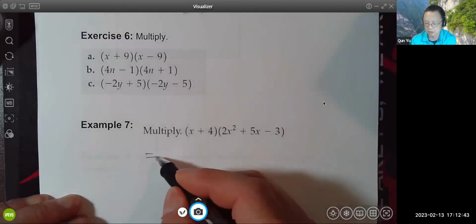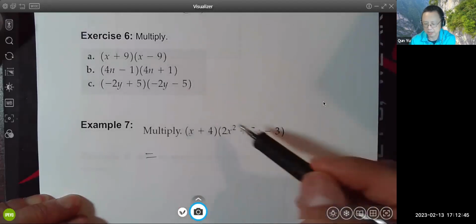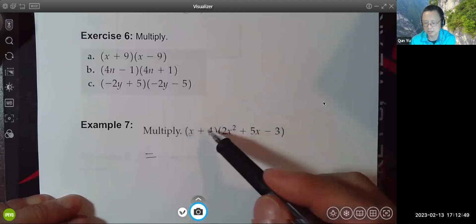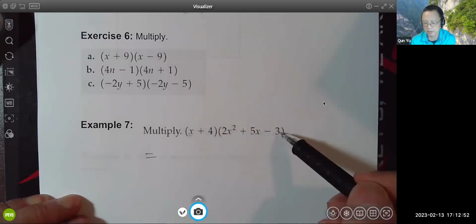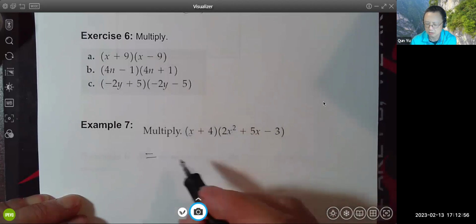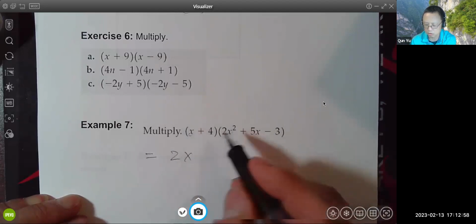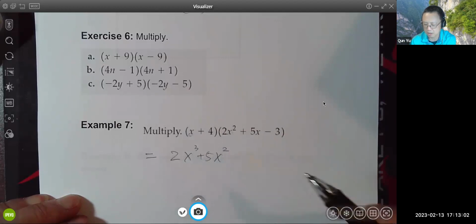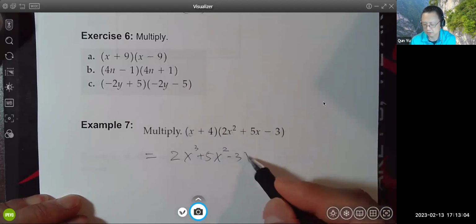So let's do that. Since this is single x, right? X doesn't have a number in front of it, means 1. That means you only change the x term by raising each one higher by 1 in terms of exponent. So you get 2x cubed instead of 2x squared, plus 5x squared instead of 5x, and minus 3x instead of minus 3.